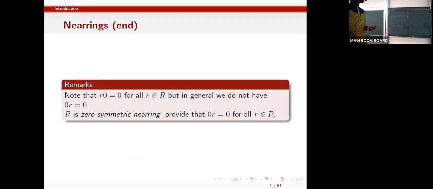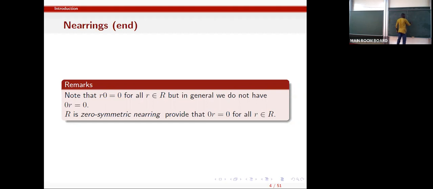When we define this new structure, we find there are some basic rules that we all know in rings that do not hold in this new structure. For instance, in a ring R, we know that 0R is equal to R0 equal to 0. That is always true, but it is not true for a near ring. I give you an example.